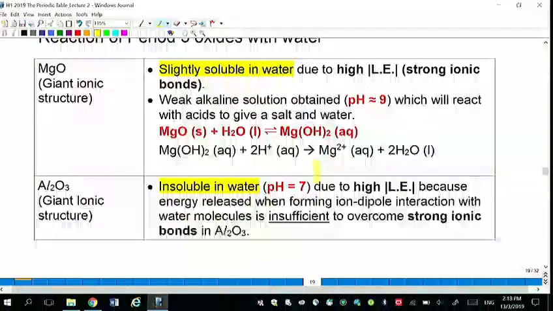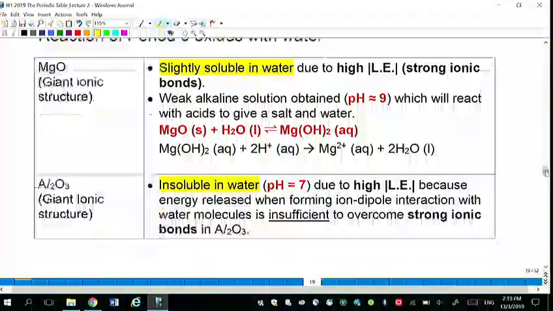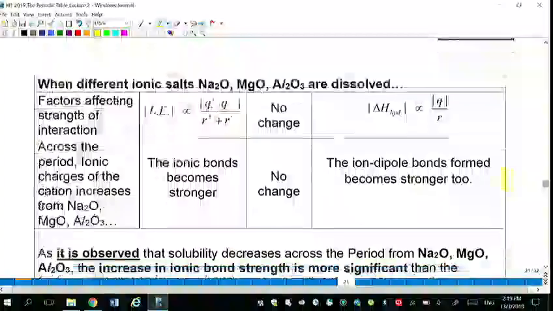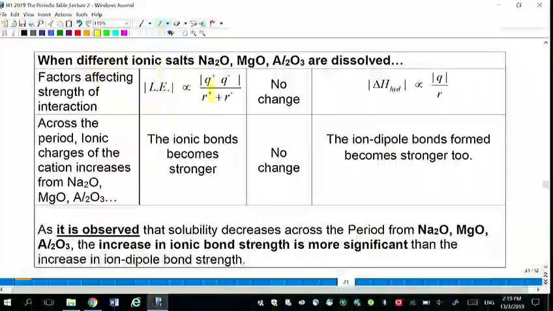Why is it not able to dissolve in water? Because the energy released from the ion-dipole interaction of Al3+ and O2- ions with water molecules is not enough to overcome the strong ionic bonds in Al2O3. If you look at the table on page 18, I'm comparing two factors, the lattice energy and the enthalpy change of hydration.